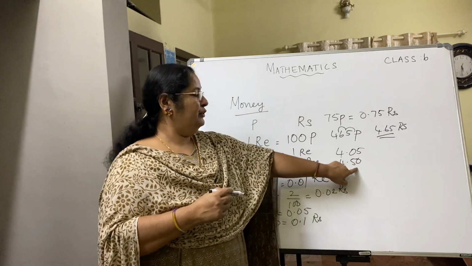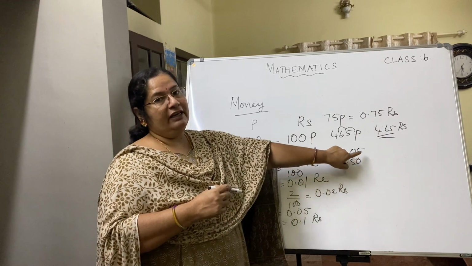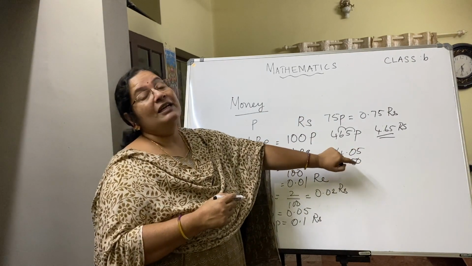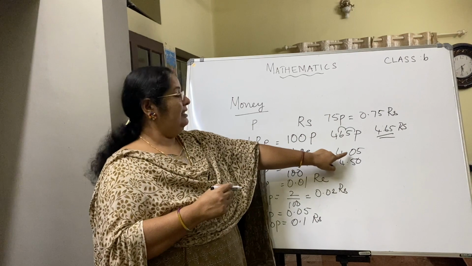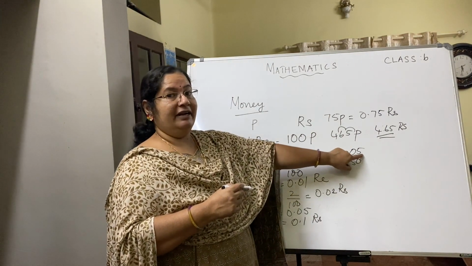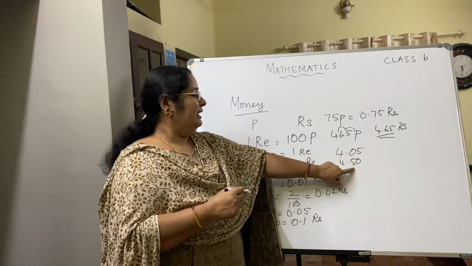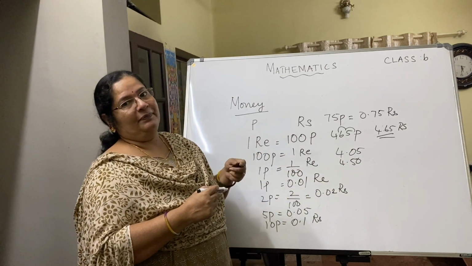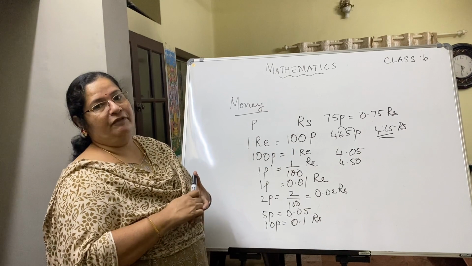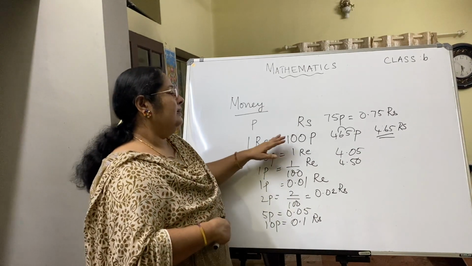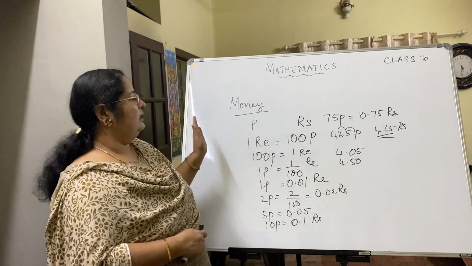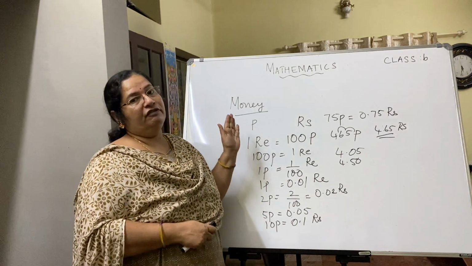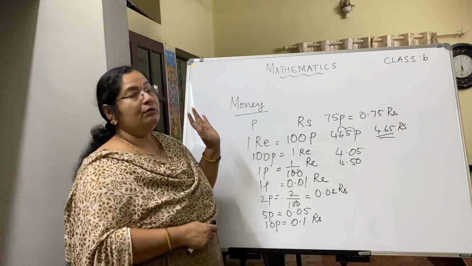See, here the value has changed because the 5 is in a different place. Here it is 5 by 100, so it is 5 paise. Here it is 5 by 10, so the value becomes 50 paise. Hope you have understood how to convert the unit of money from paise to rupees.